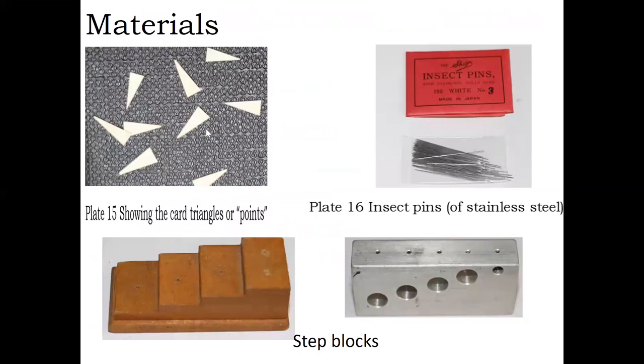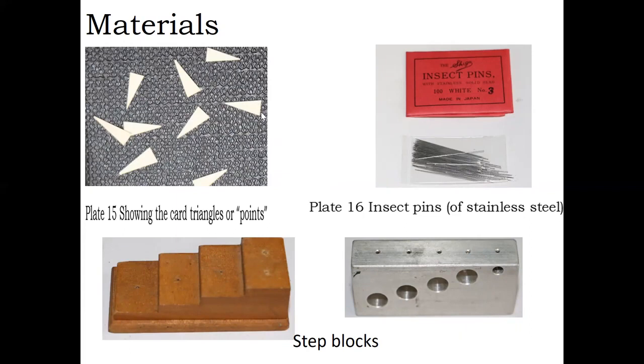Points or hard triangles, you can cut these from a bristle board or any hardboard. Take that and cut triangular pieces. Triangular means one end is narrow and pointed, and the other end has the base, just like in a triangle.